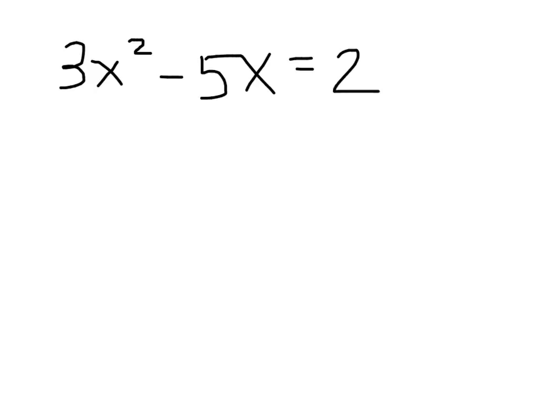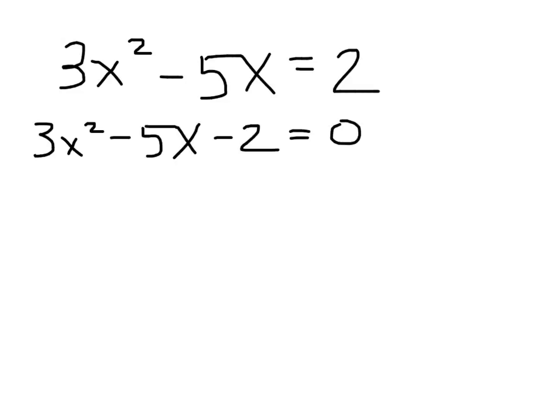One more, not so easy. Is it equal to 0? No. Make it. So 3x squared minus 5x minus 2 equals 0.